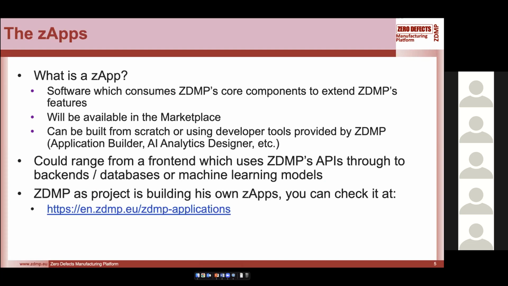You can build these CApps from scratch, or you can use the developer tools provided by Zdmp, like the application builder or the AI and analytics designer. We have four or five components that can be used to build applications. Zdmp as a project is building its own CApps, and you can check those CApps in the link that appears on the screen.